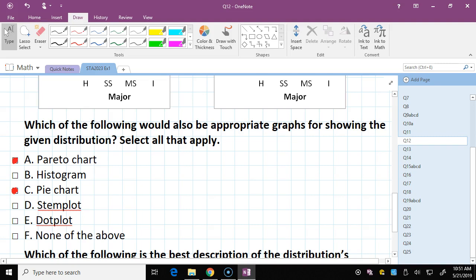How does history connect, or humanities connect to social science, which connects to math and science? Bar graph, Pareto chart, pie chart are categorical representations. Everybody else that they have up there is numerical.